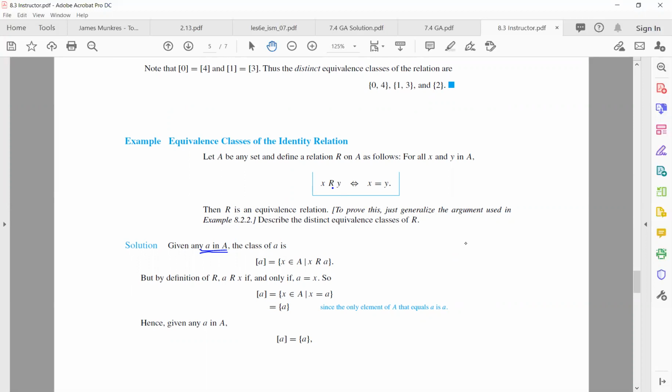The only element that is in relation with a, or equal to a, must be a itself. So this equivalence class has only one member, which is a itself. The equivalence class of a is the set including a.